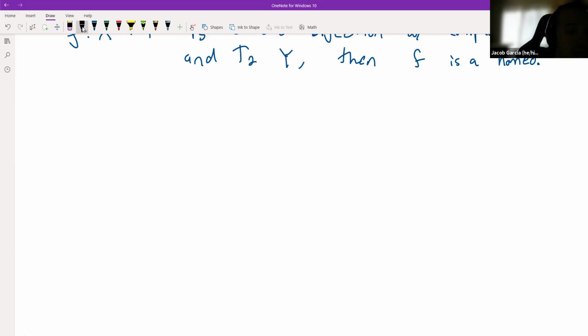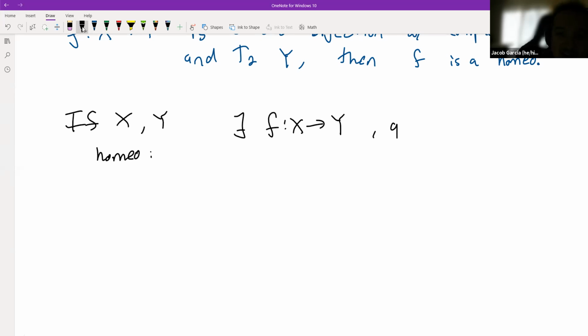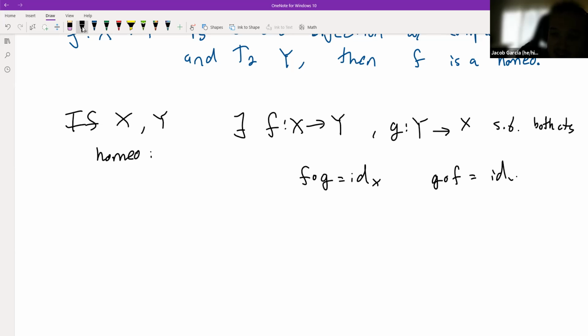Okay, so maybe I should write: if X and Y are homeomorphic, then there exists a function F from X to Y and a function G from Y to X, such that they're both continuous, and F compose G is the identity on X, and G compose F is the identity on Y. And we compare this with, or maybe I shouldn't put an if here because this is just a definition, right?